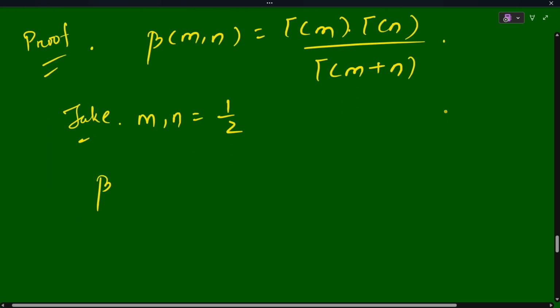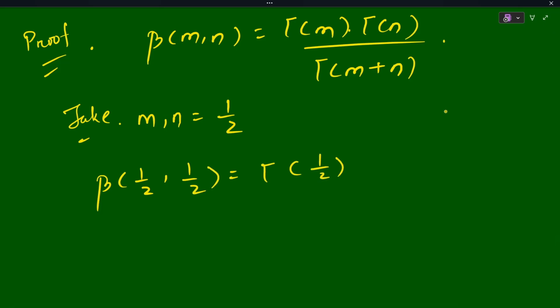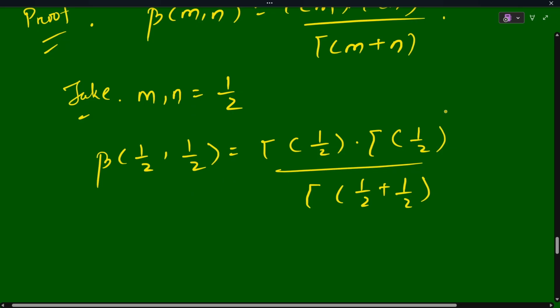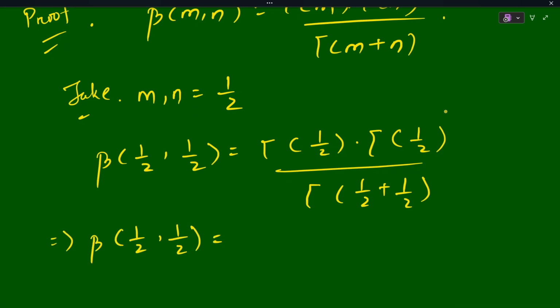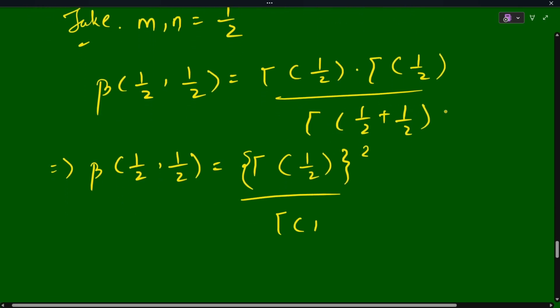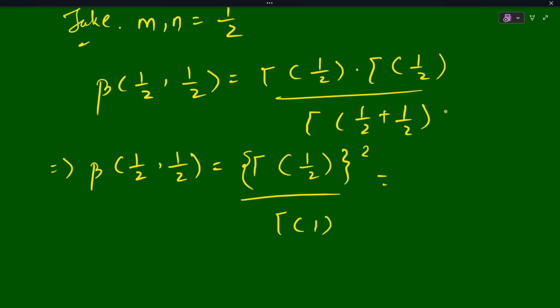Then what will this value be? It would be beta half and half, and on the right side it is gamma half into gamma half by gamma half plus half. Now see, this value is gamma half into gamma half, that is gamma half whole square, and in the denominator this value is gamma of half plus half, that is gamma 1, and gamma 1 is 1, so this value became gamma half whole square.